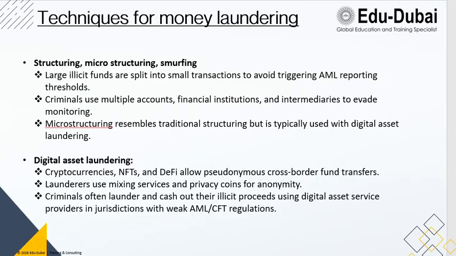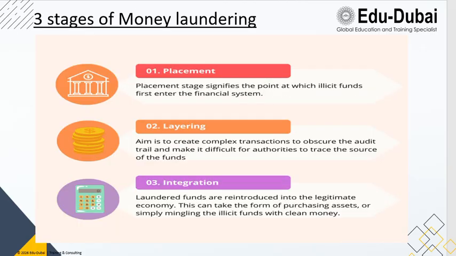So in the case of digital assets, or cash, or money in the account, through layering the fund gets transferred through a lot of accounts in a matter of seconds, and we are unable to trace the source of the account. That is called layering. The aim of layering is to create complex transactions to obscure the audit trail and make it difficult for authorities to trace the source of the funds.